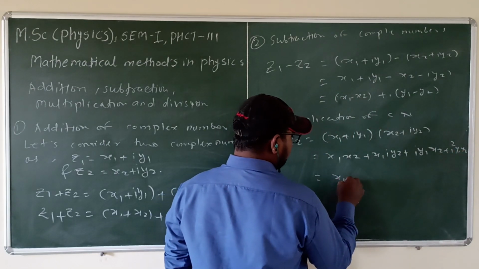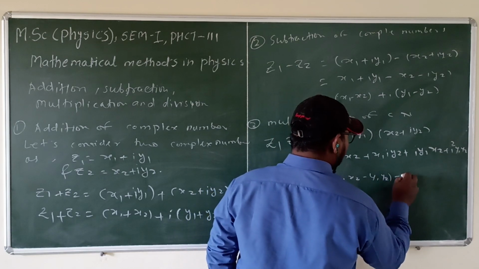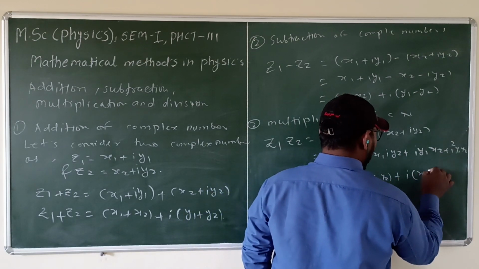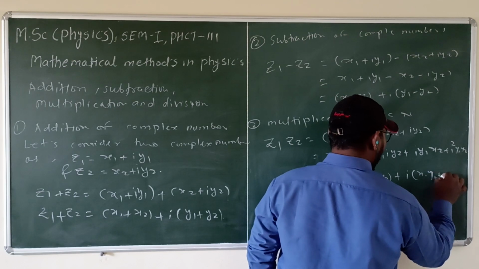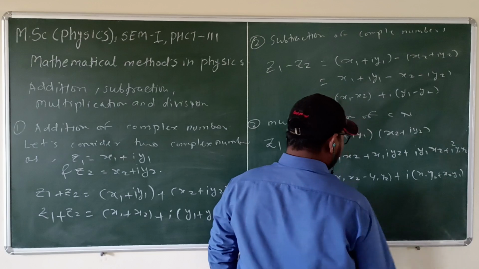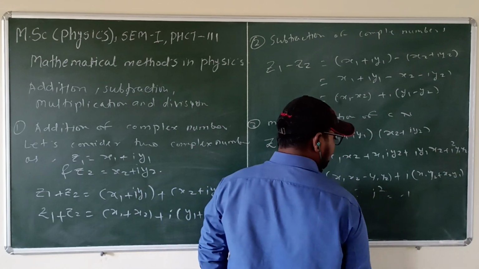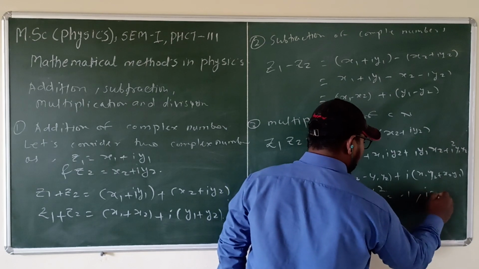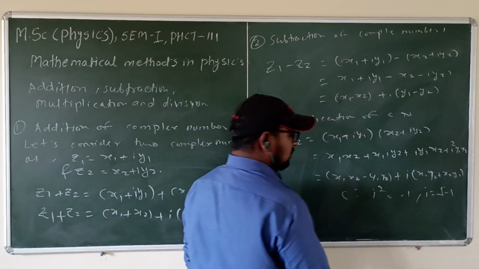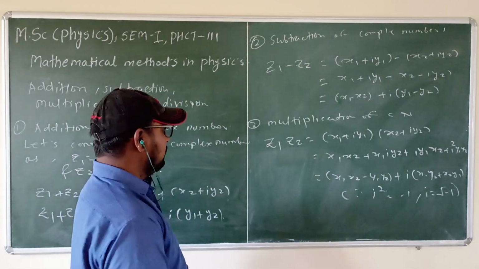This implies x1 x2 minus y1 y2 plus i times x1 y2 plus x2 y1, where i square is equal to minus 1, since i is equal to square root of minus 1. After taking the square, we get i square is equal to minus 1.